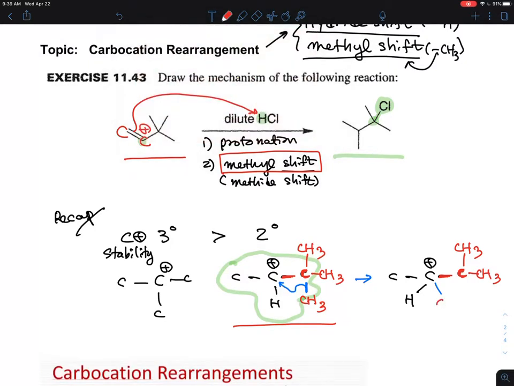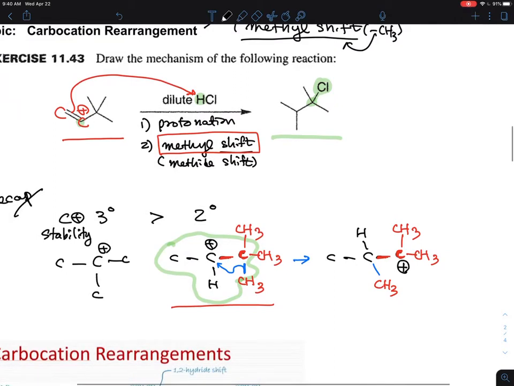I'm trying to keep the color coordination as it is. By doing so, this is gone, right? This became neutral, and then you are developing a positive charge here. Okay, so this one looks a little bit funny, so I want to put this one to the top. It's the same thing. This is now the tetrahedral.